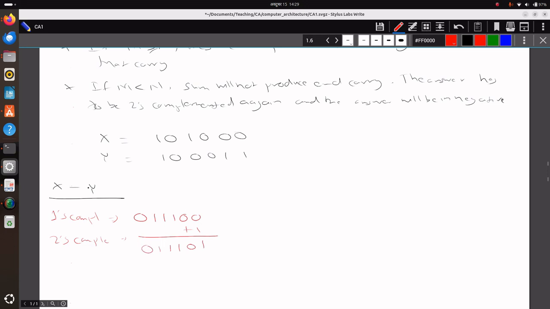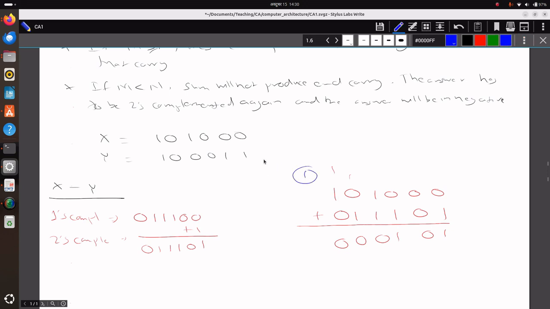So what we're going to do in case of x minus y is, x is 1 0 1 0 0 0 and the 2's complement of y is 0 1 1 1 0 1, and as per our rule we're going to add these two. So basically 0 plus 1 is 1, 0 plus 0 is 0, 0 plus 1 is 1, 1 plus 1 is 0, carry 1, and so on, and then we get a carry 1 here.